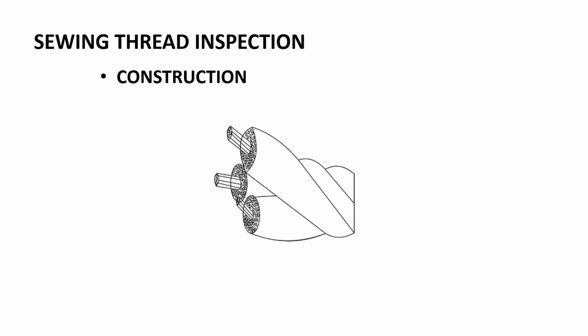What are the different fibers associated with it? What is the cross section of that fiber? So different aspects of the constructional parameters of the sewing thread are judged here. That is the first part of sewing thread inspection.